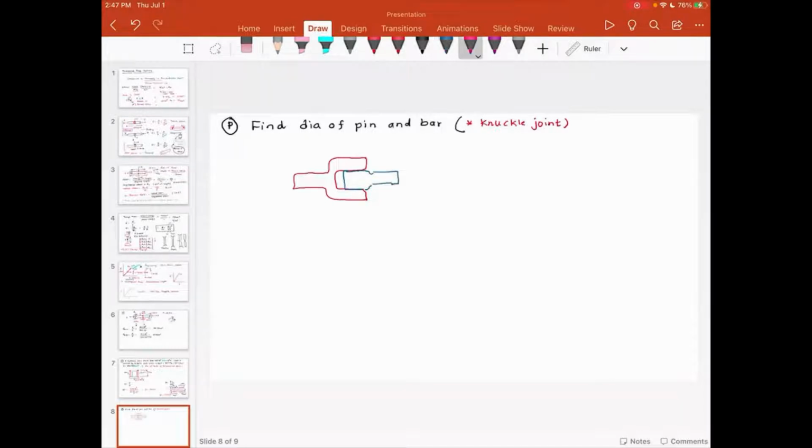And in between this fork end and eye end, we have a pin.